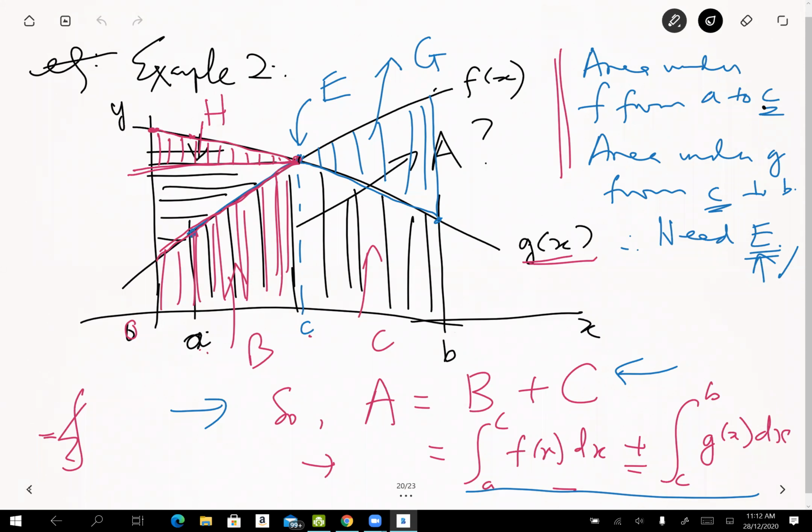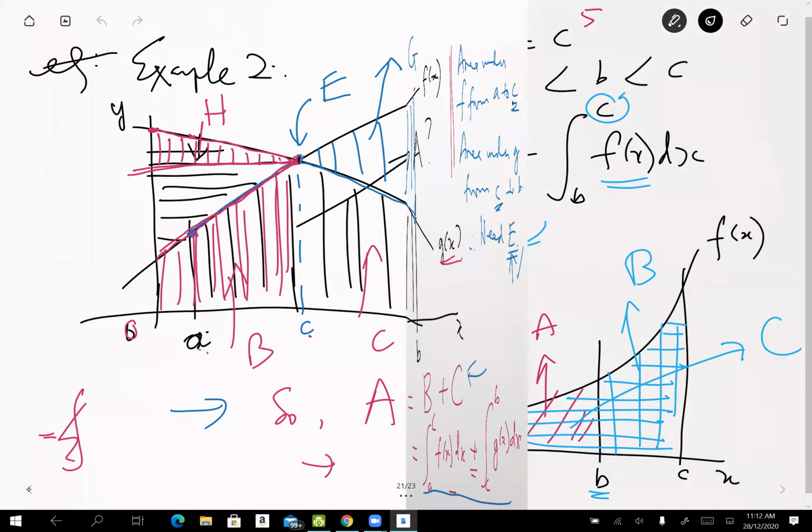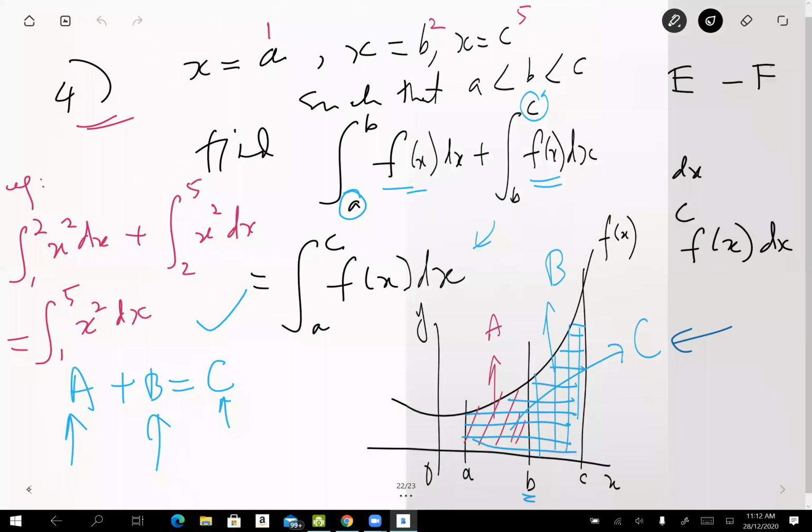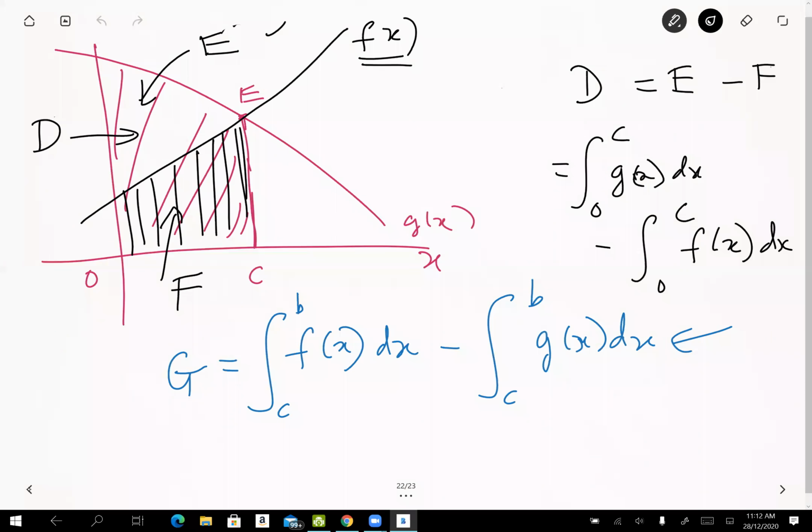Tak apa. That diagram is already full. So I will consider from here. All right. Now let's say I want to find the area here.